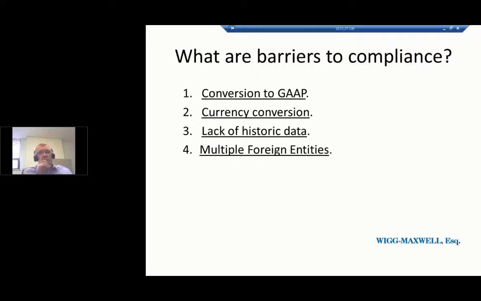Whatever is in the 5471 is going to be binding, is going to show the IRS your pricing technology and approach, and when it comes time for a transfer pricing audit, that's going to be where the IRS starts looking.